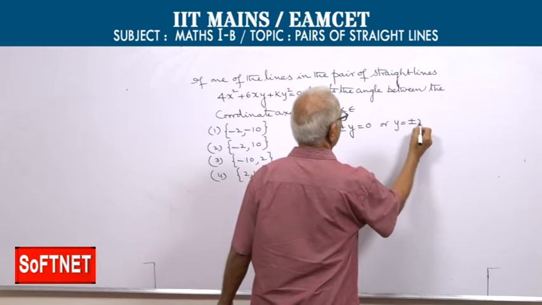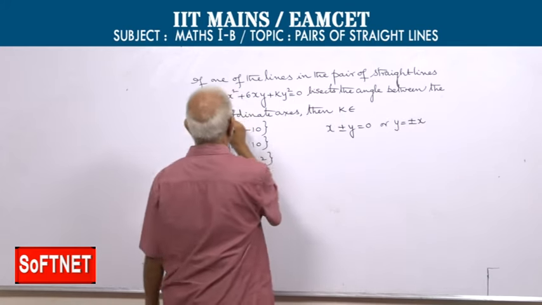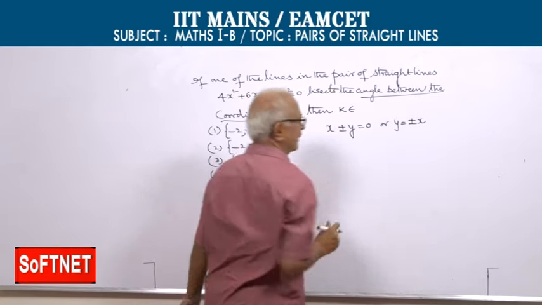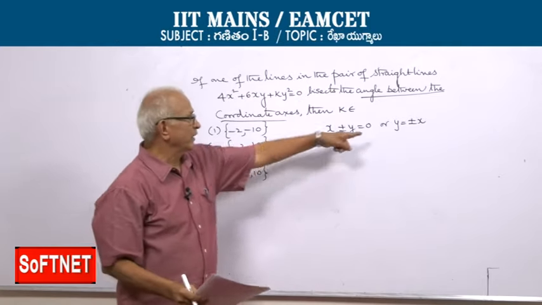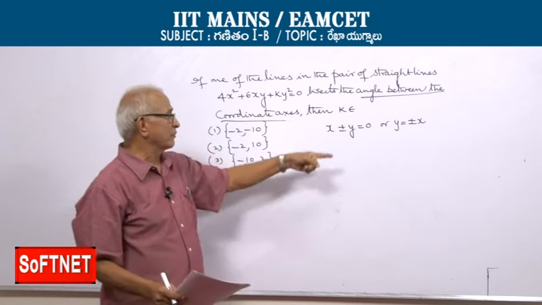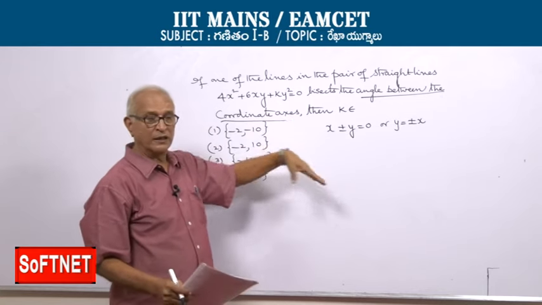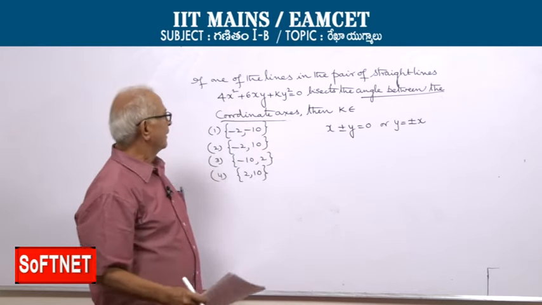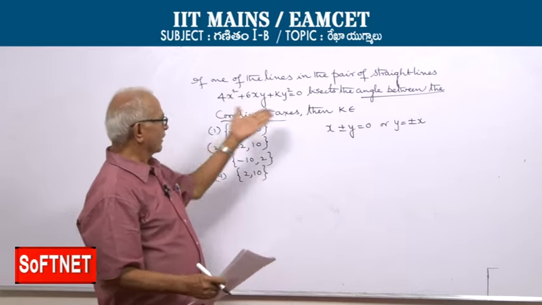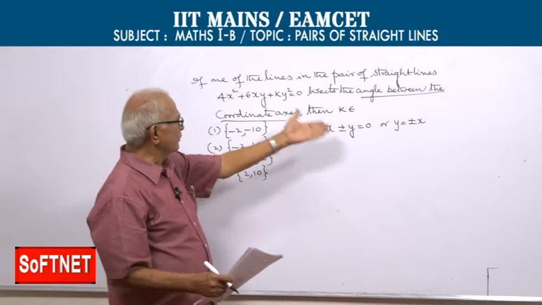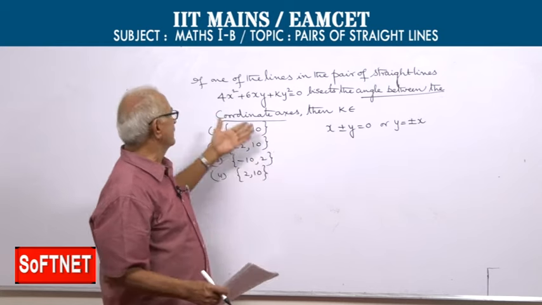These are the two lines bisecting the angles between the coordinate axes. I underlined it. One bisects one of the angles, the other bisects the other angle. And we don't know which one. One of these lines, either y equal to plus x or y equal to minus x, is given by this equation.